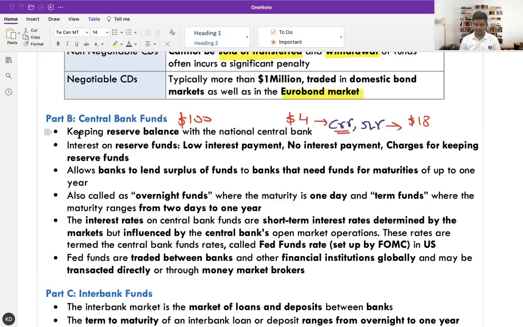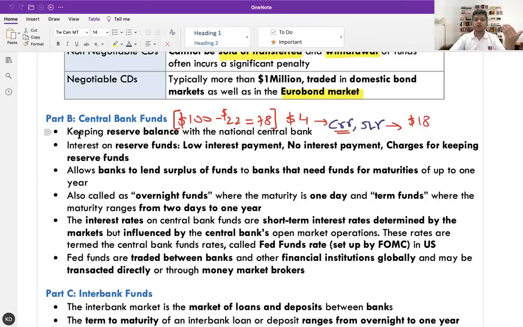Are you getting it? Yes. So technically it is 18 plus 4, 22, minus $22. So technically it is $78 for the bank where they have to lend and make profits. That's why the banking business is so complicated in countries like India. Clear?